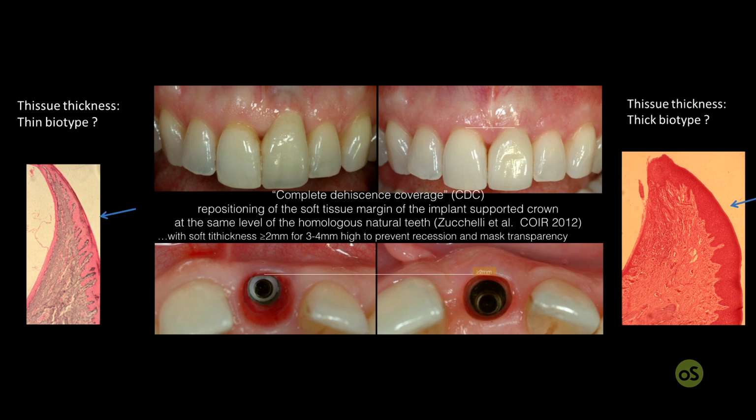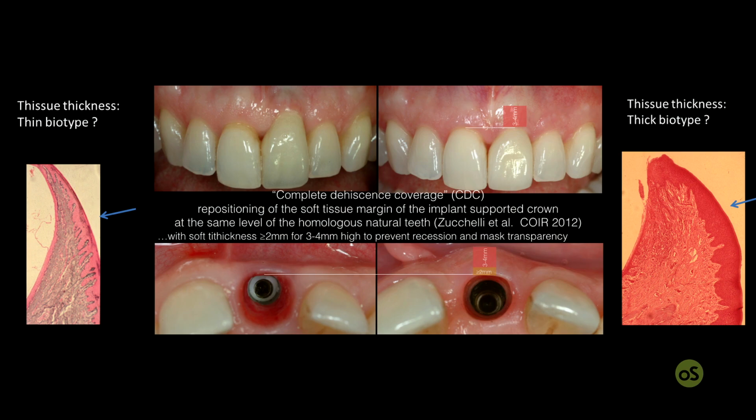And this is not enough. We need that this thickness of 2 or more than 2 millimeters will be extended for at least 3.5 millimeters in apical direction, where finally we may have bone protecting the implant surface from the risk of gingival recession forming.